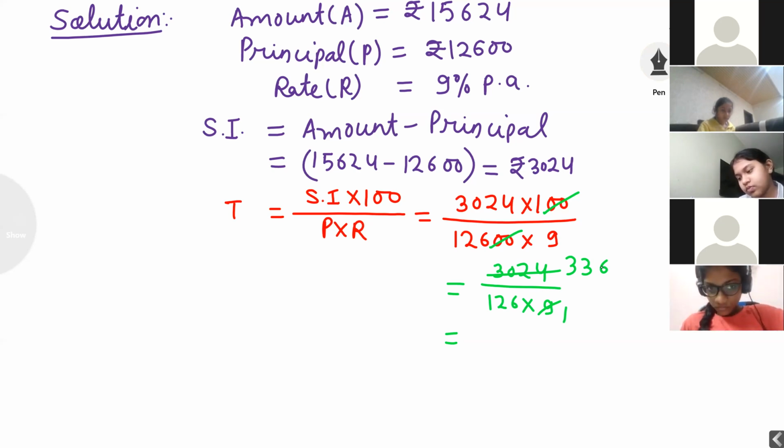Both digits are divisible by 3. Yes. Divide by 3, everyone, firstly. 336 divided by 126.